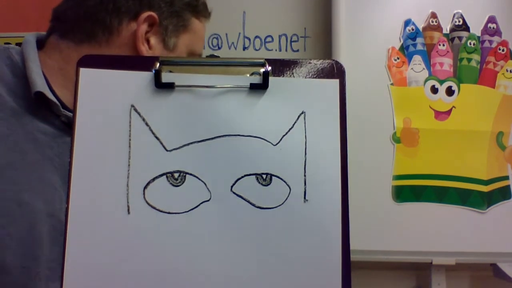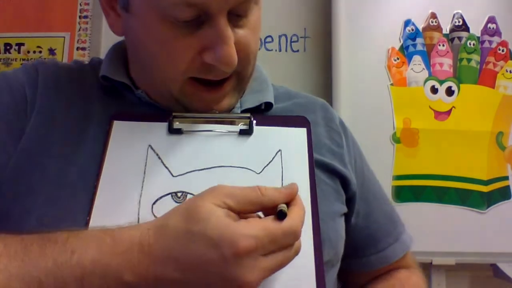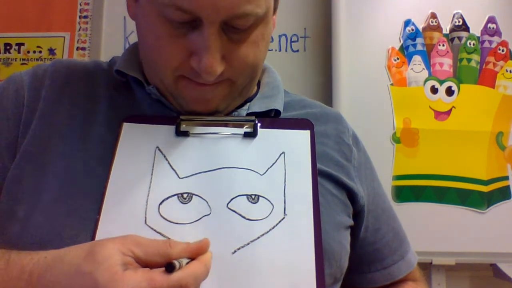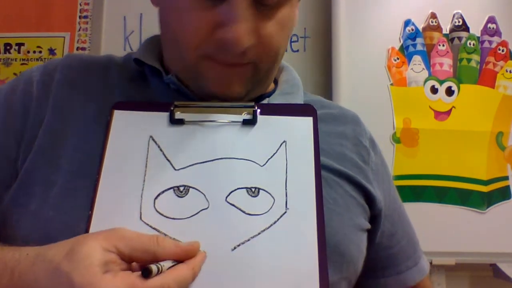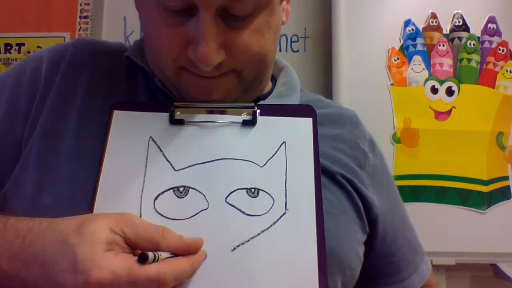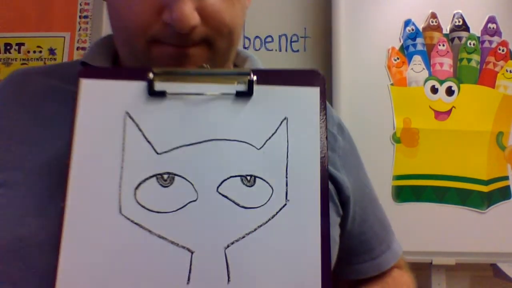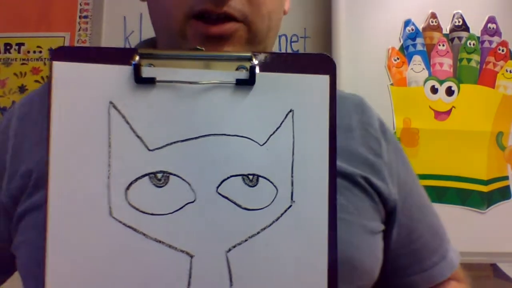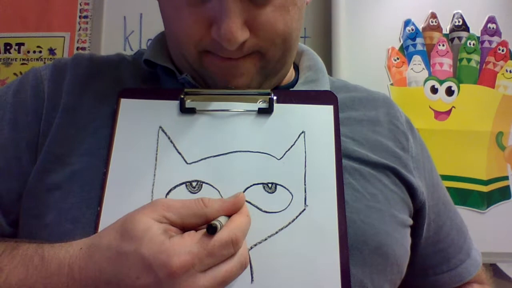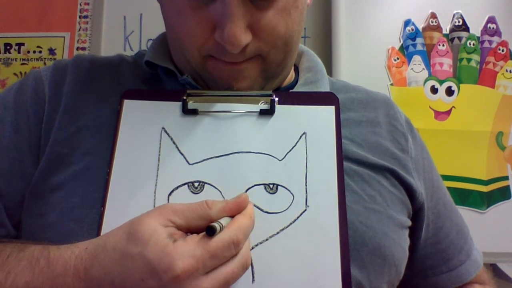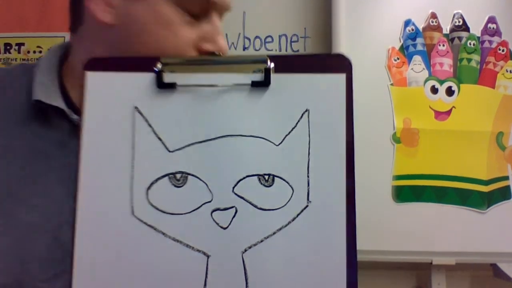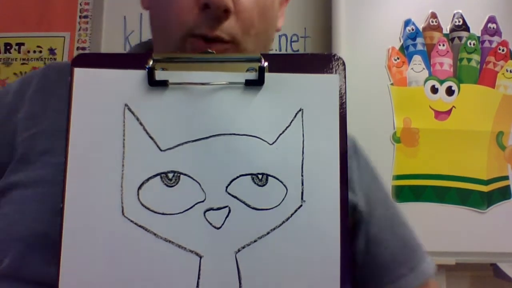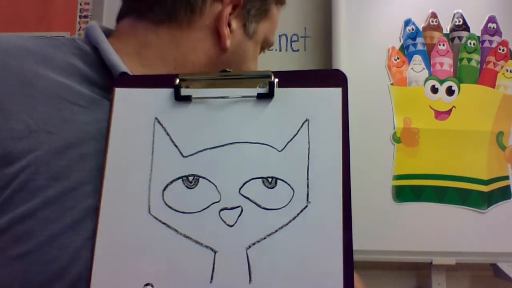Now, we're going to finish off the head by drawing to about here, leaving room for a neck. All right. We have a triangular nose pointing down. We have a lot of whiskers sticking out the sides.